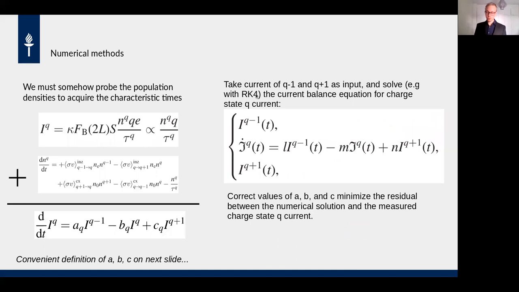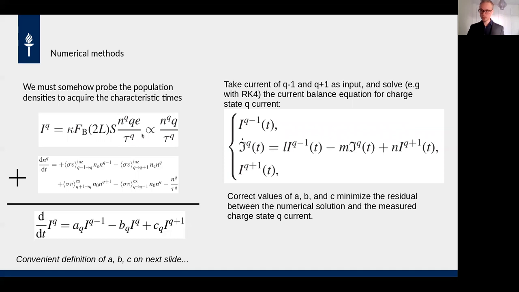So, in order to measure the characteristic times, we need to probe some phenomenon where they are involved. In effect, this would mean measuring the ion population densities. Measurements of population densities must be made indirectly to avoid perturbing the state of the plasma, which would corrupt the measurements. We thus resort to determining the densities from the transient time series of the extracted ion beam currents.